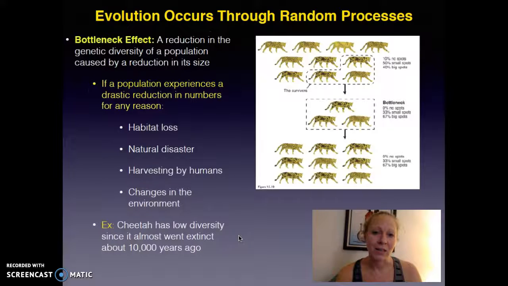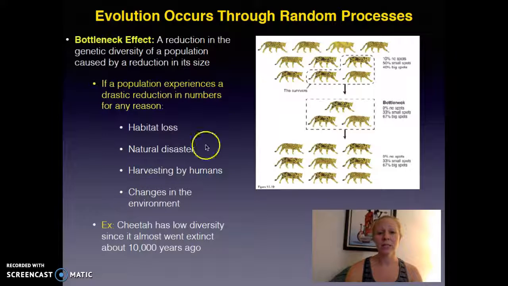The bottleneck effect is our next random process, and we're going to look at cheetahs here. The bottleneck effect is going to occur when we reduce a population for any reason, whether it's habitat loss, a natural disaster, harvesting by humans, or just natural changes in the environment.